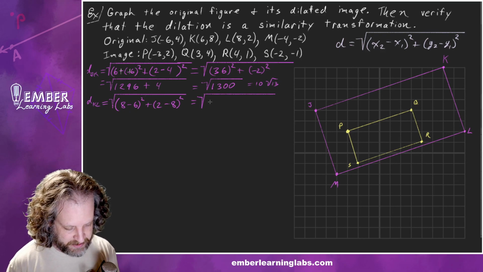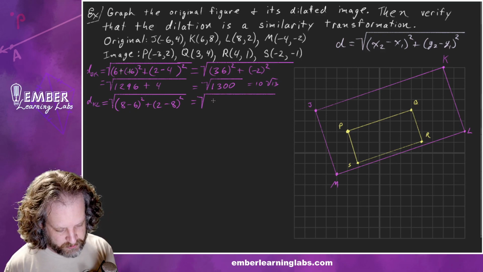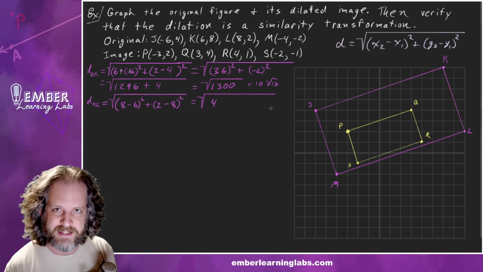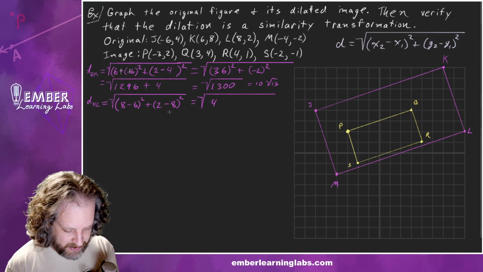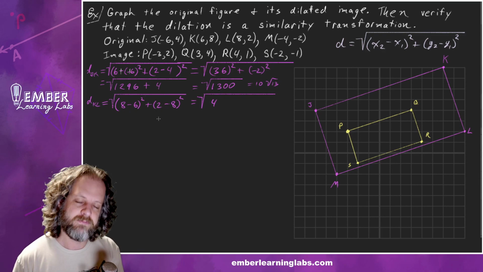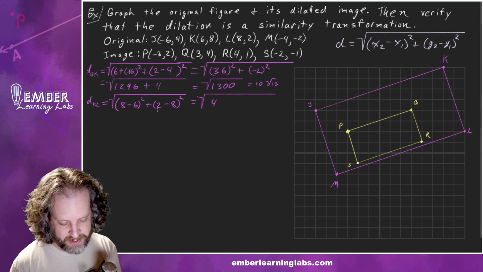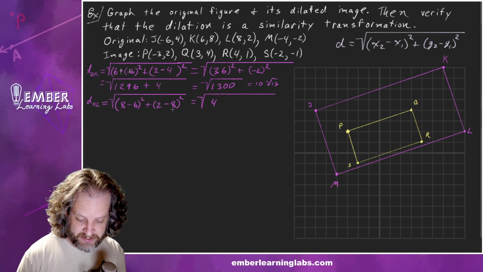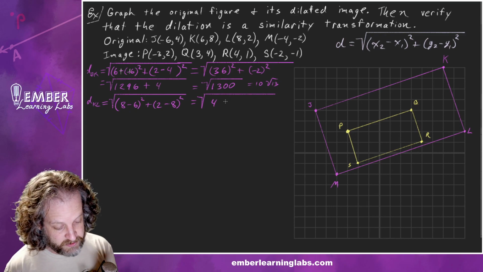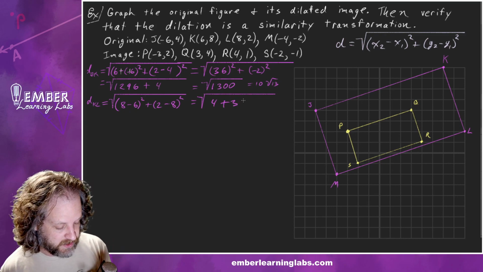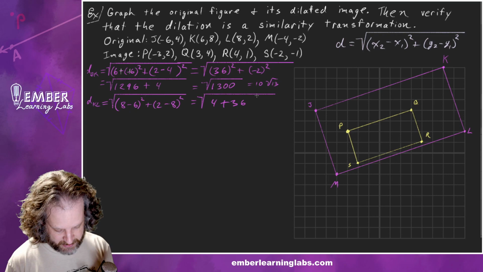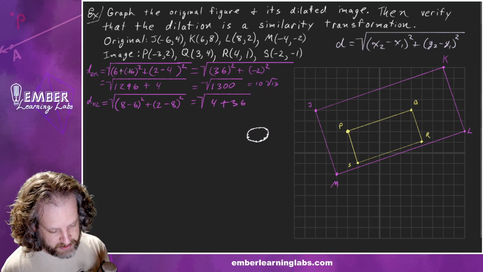8 minus 6 is 2, so we've got 2 squared, which is 4. That's easy enough, right? 2 minus 8 is negative 6. Negative 6 squared is 36. Positive 36, because you square a negative and it comes out positive. Easy peasy.